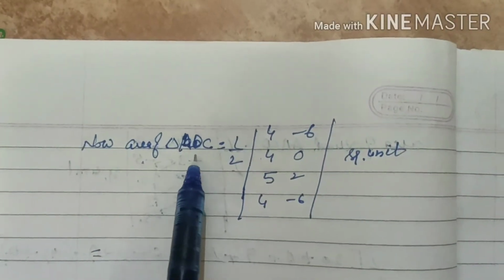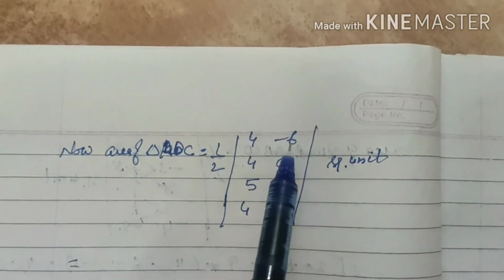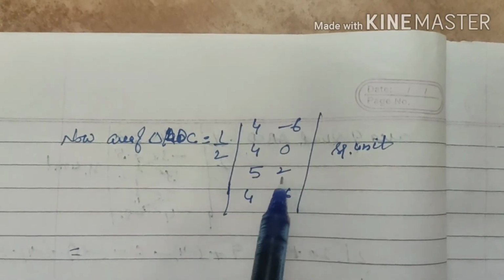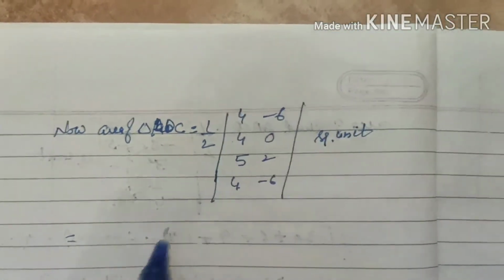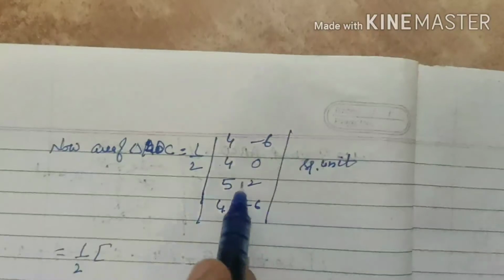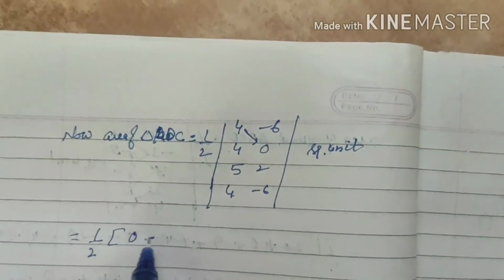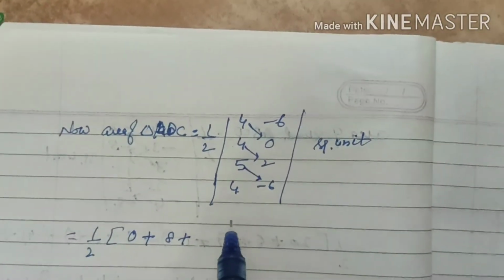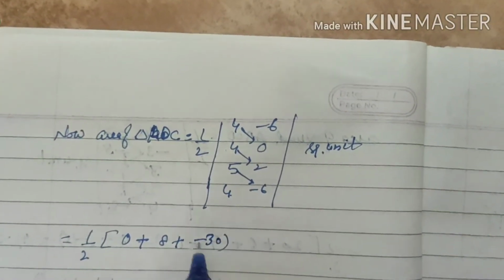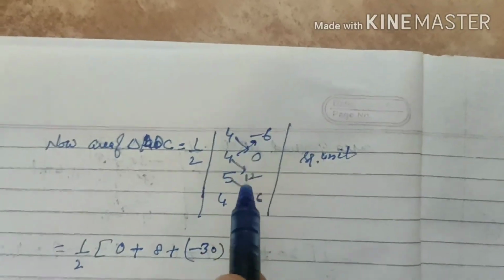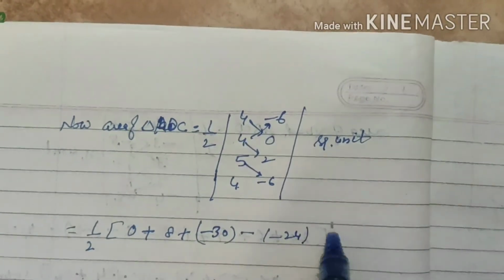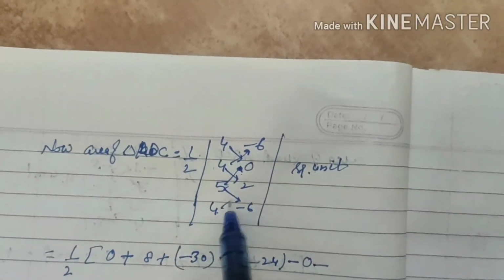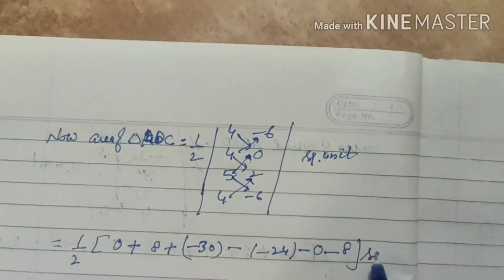So now the area of triangle ADC will be 1 by 2 x1 y1, that is 4, -6, x2 y2 that is 4, 0, and x3 y3 that is 5, 2, and 4, -6 will be repeated again. So this will be 4 into 0 becomes 0, plus 4 into 2 becomes 8, and 5 into -6 becomes -30. Now minus 4 into -6 becomes -24, minus 5 into 2... 5 into 0 becomes 0, and 4 into 2 becomes 8 square unit.